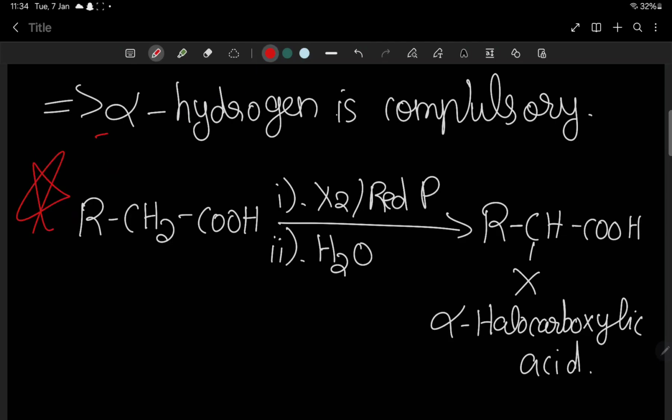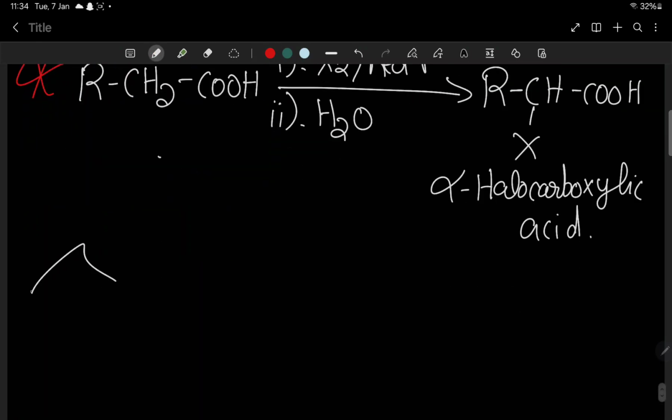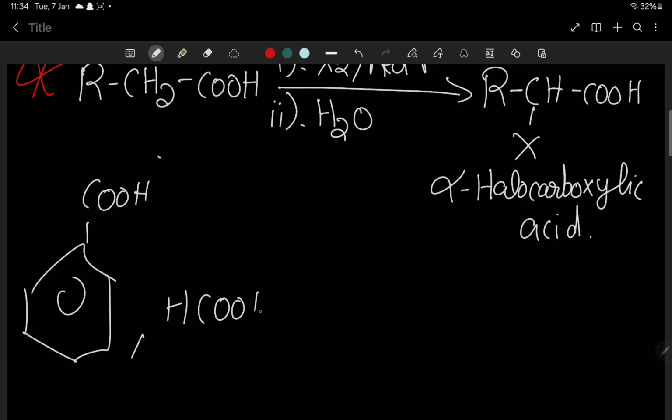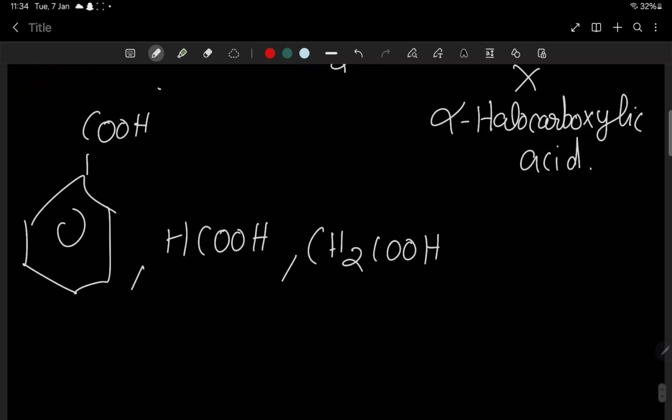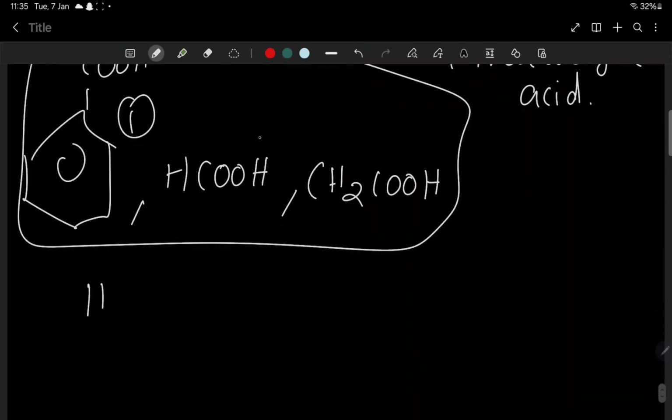I am getting alpha halocarboxylic acid as the product. This is important. They can ask you questions like, they'll give you some compounds like this: HCOOH, CH3COOH and so on. In these three compounds, they'll give 1, 2, 3 and ask the marking.